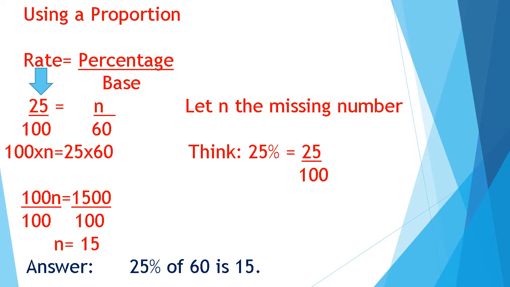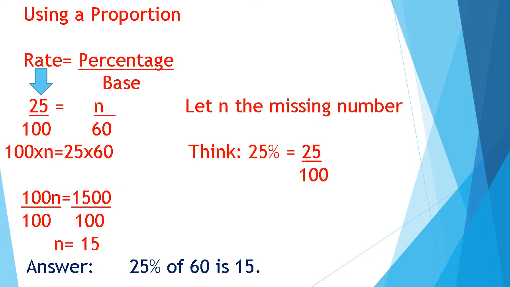So 25 over 100 is equal to n over 60. So 100 times n is equal to 25 times 60. This is finding the cross product of the proportion.